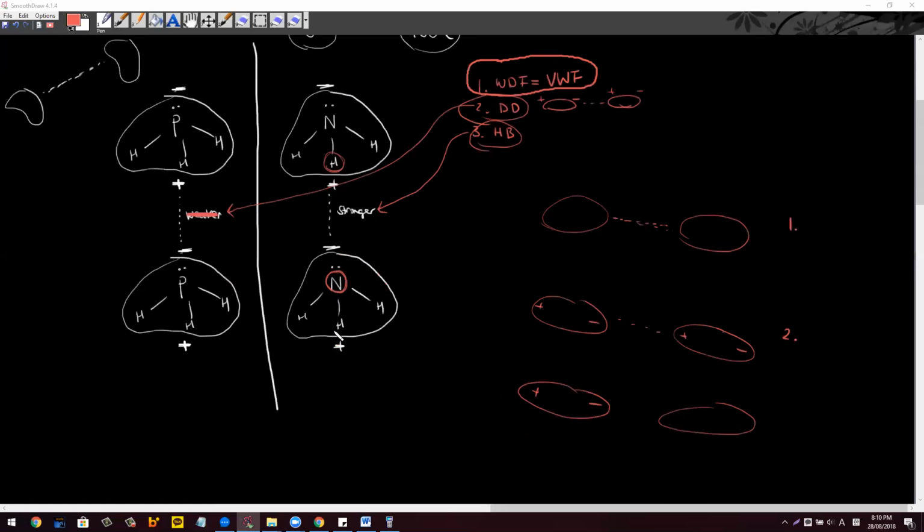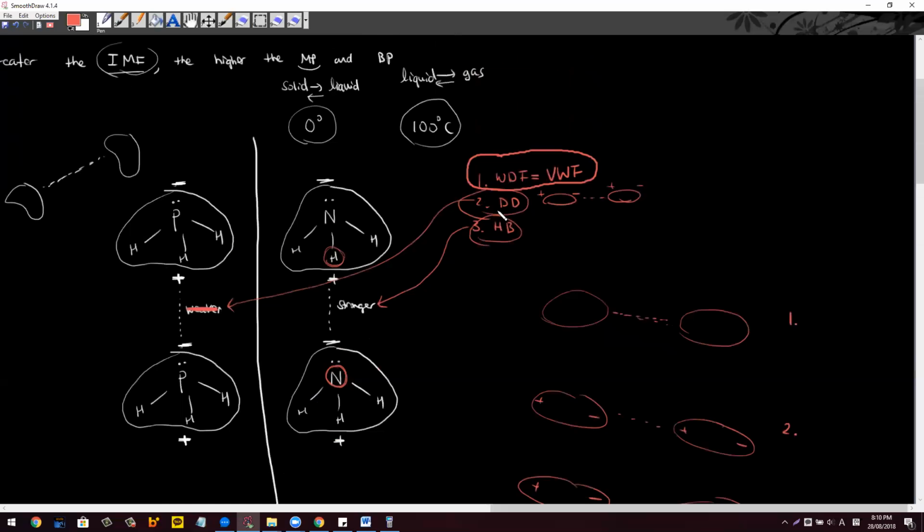But you just need to know that the van der Waals force or weak dispersion force is everywhere, in every interaction. Sometimes the weak dispersion force overpowers these two. In this moment right here, these two are overpowering this one.